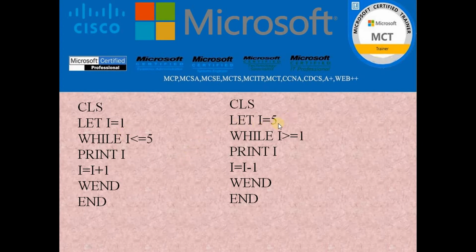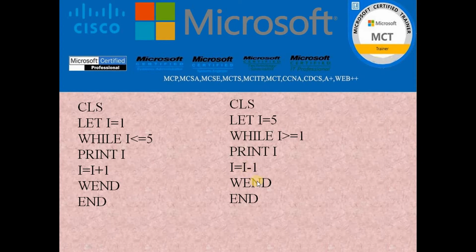So that's why the initial value is 5. Now it's going to check this condition. The condition is that I'm going to repeatedly execute while the value of I is greater than or equal to 1. Right now the value of I is 5, so first it's going to print 5. Now, after printing the 5, it's going to reduce the value of I by 1.